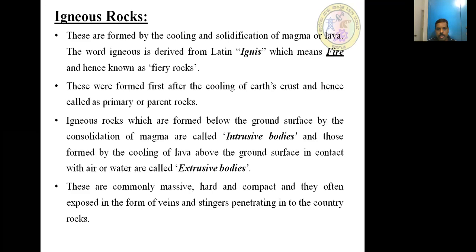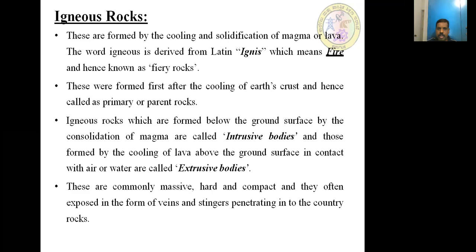When coming to the formation, if you go below the earth deeper and deeper, the temperature and pressure increase gradually. Due to the increasing temperature and pressure, all the solid rock mass is converted into liquid state.